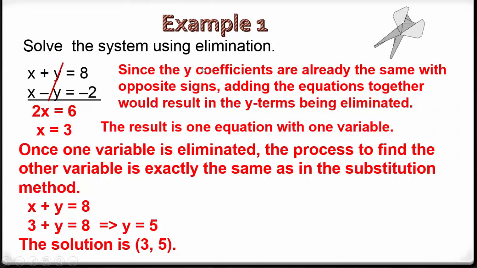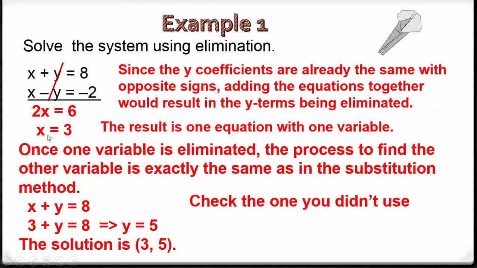Now, of course, you want to check to make sure that your solution is correct. So we check it with the equation that you didn't use in this particular problem. In this case, we already used x plus y is equal to 8, so we'll do the check against x minus y is equal to negative 2.